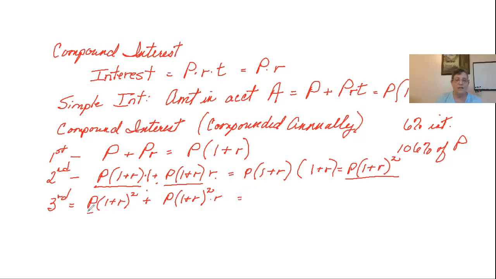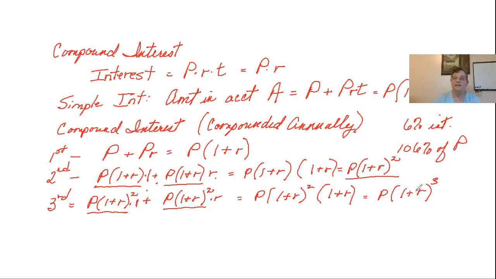And so once again, I can factor this out. So P times 1 plus R squared, which when I take it out, since this is times 1, this is times r, we'll leave that times 1 plus r. So at the end of the third year, you now have in your account P times 1 plus r cubed. And this will work again and again and again.